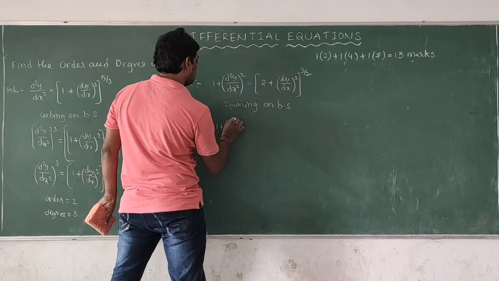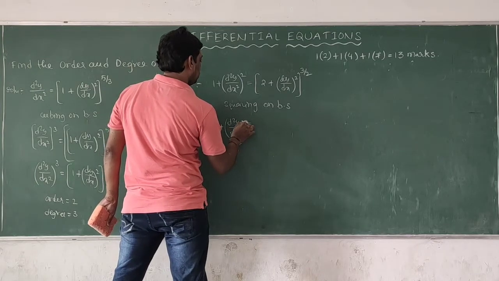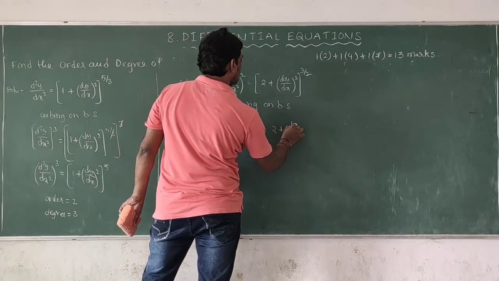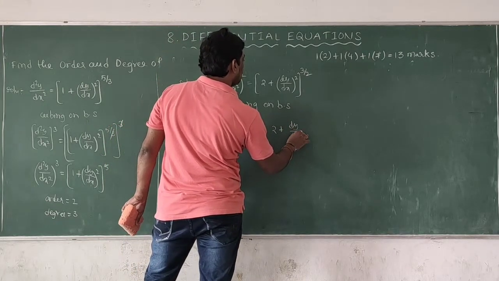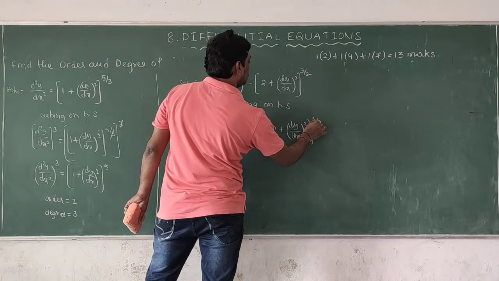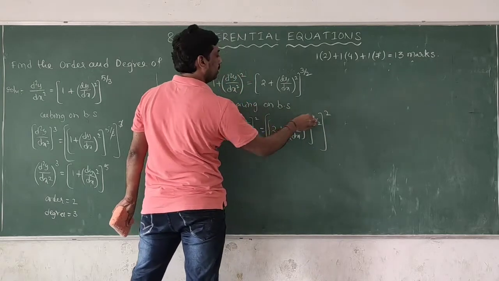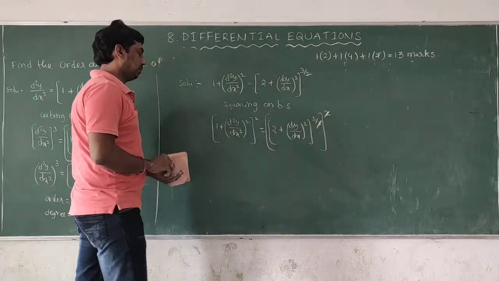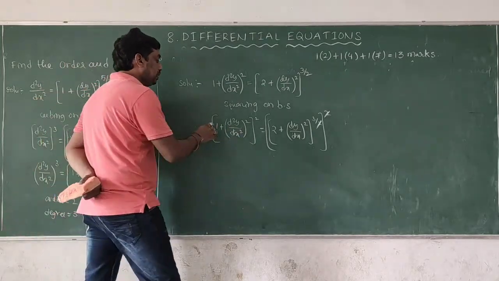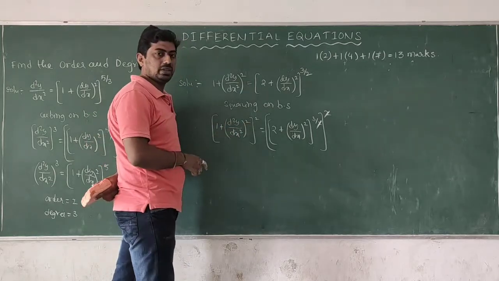So (1 + d²y/dx²)² = ((2 + (dy/dx)²)^(3/2))² because of squaring. Here the 2 gets cancelled. Now we need to simplify this, because the expansion depends on the degree of the differential equation.